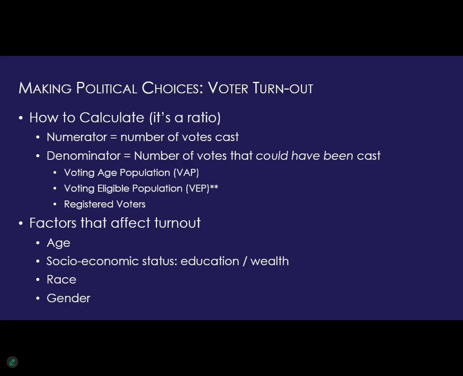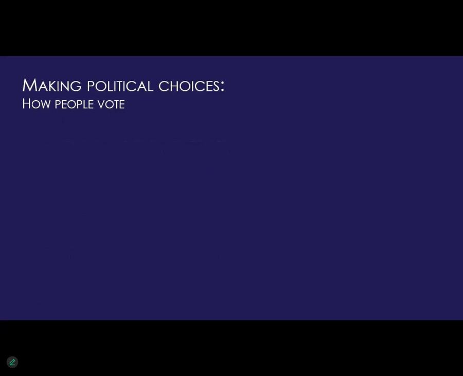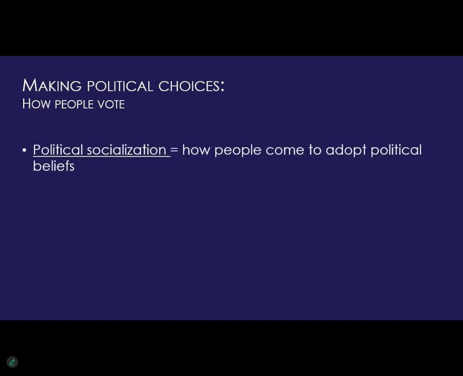Now, let's consider a little bit about how people are voting. How do people make political choices? Let me start with a little bit of vocabulary. Political socialization refers to how people come to adopt political beliefs. The collection of those political beliefs is called political ideology.